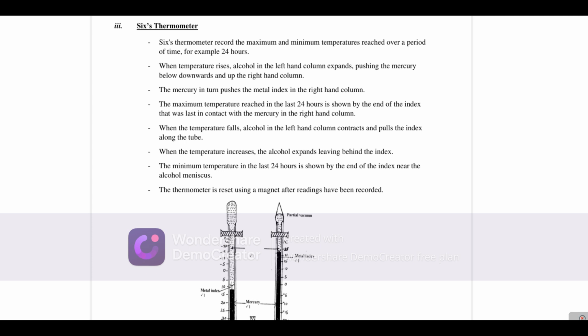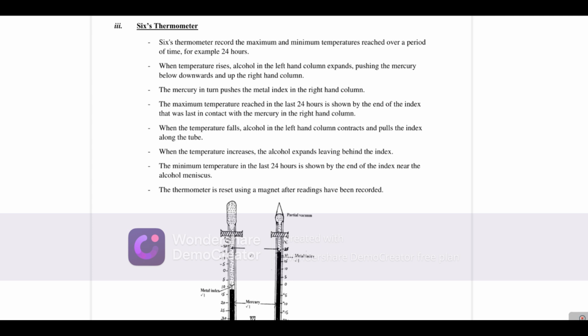Now when the temperature rises, alcohol in the left hand column expands, pushing the mercury below it downwards and up the right hand column.